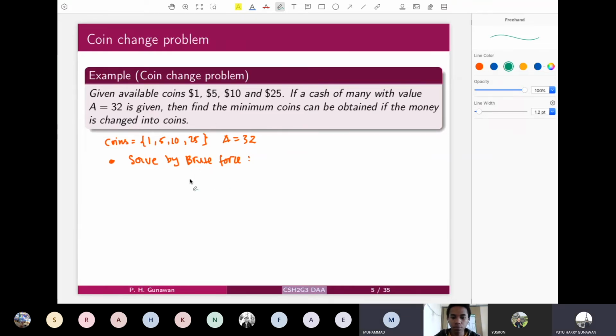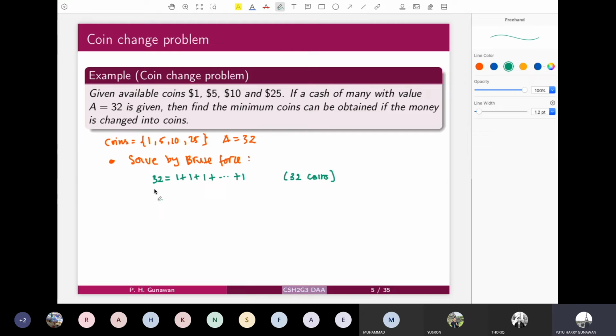So brute force is just very straightforward. For instance, we can list all the candidate solutions. For instance, you will have 32 equal to 1 plus 1 plus 1 and so on up to plus 1, which is 32 coins, right? Then you can list another one.